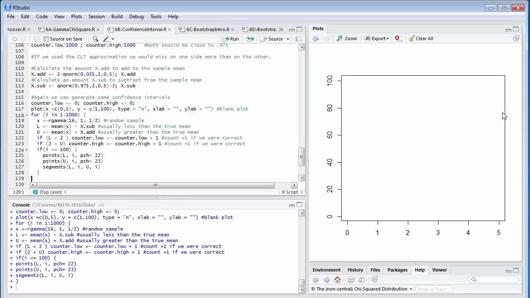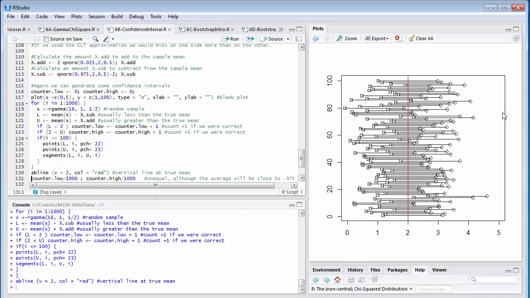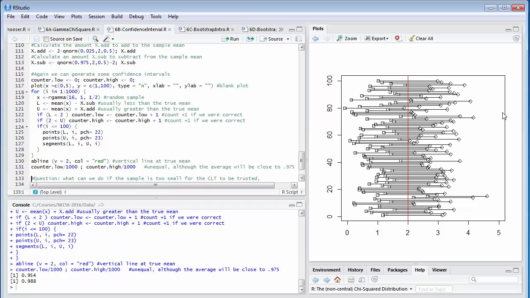And when we look at our plot, we see, well, indeed, 95% of the time, that red line does intersect the confidence interval. But when we look at the low counter and the high counter, we see that we missed many more times on the low end than on the high end.